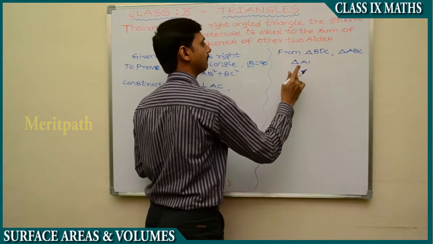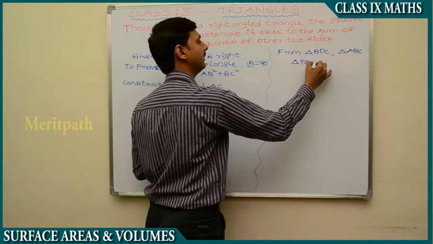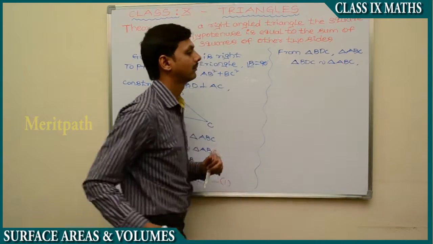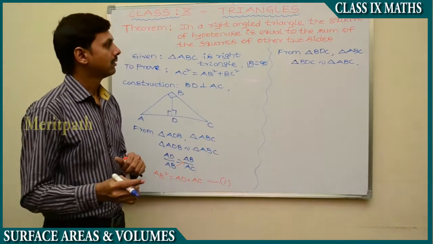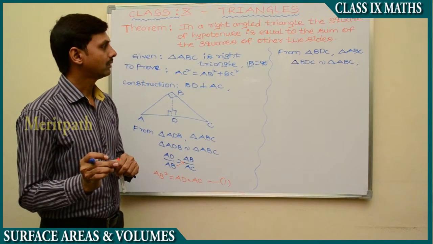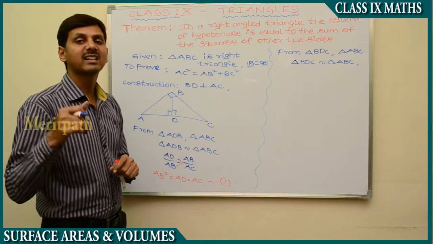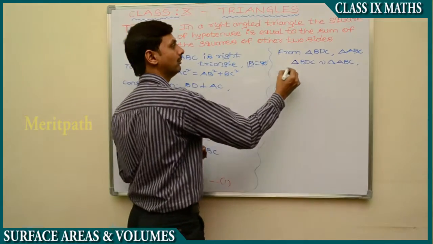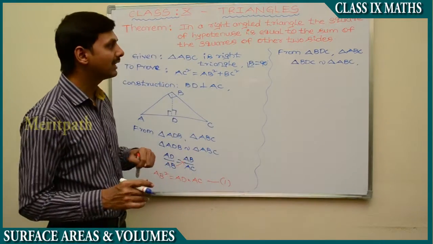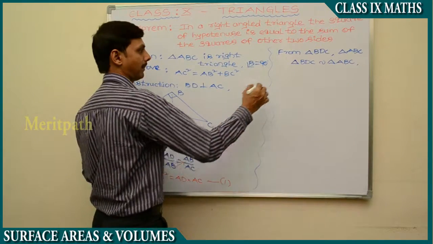Triangle BDC is similar to triangle ABC. So triangle BDC and triangle ABC are similar to each other. Now they're similar, so the corresponding sides are in the same ratio. So let's take the corresponding sides of triangle BDC and triangle ABC.